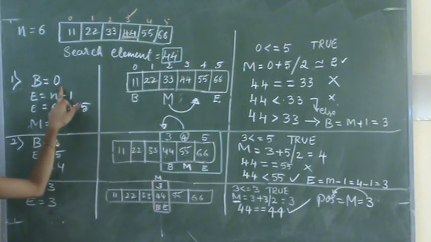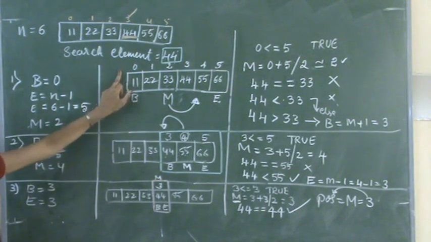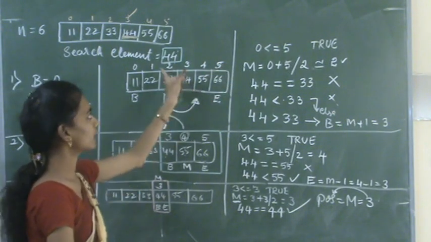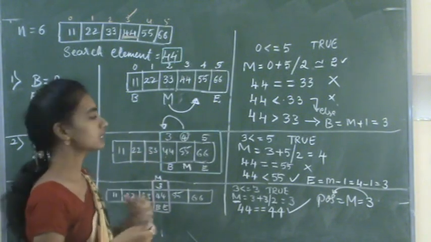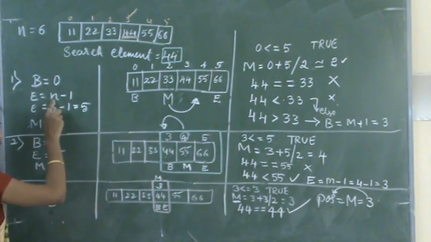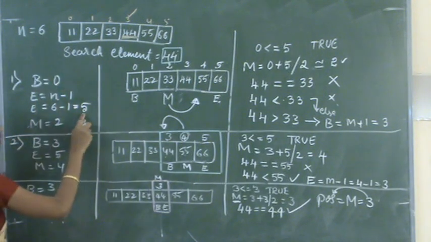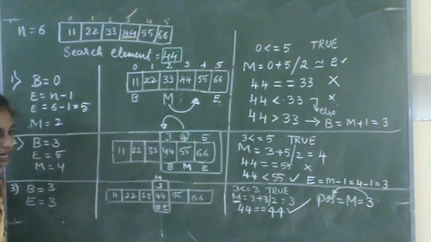Beginning is set to 0, because the starting address is 0, that's why we have to mention it here. For the ending index, if the array is small we can write it directly, but if the array is too large, then we need to find it like this, n minus 1. What is the n value? 6. So 6 minus 1 is 5. So index 5 is the end of the array.